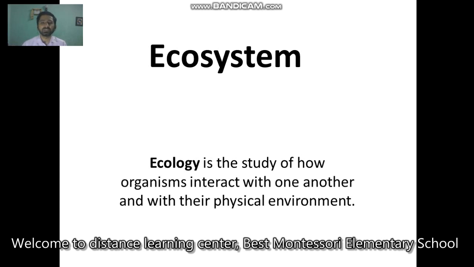Ecology means it is a study of how organisms interact with one another. That means how living organisms are interacting with each other, plus with the physical environment. Not interaction between the living organisms only, but the interaction with the physical environment too. That means non-living things too.